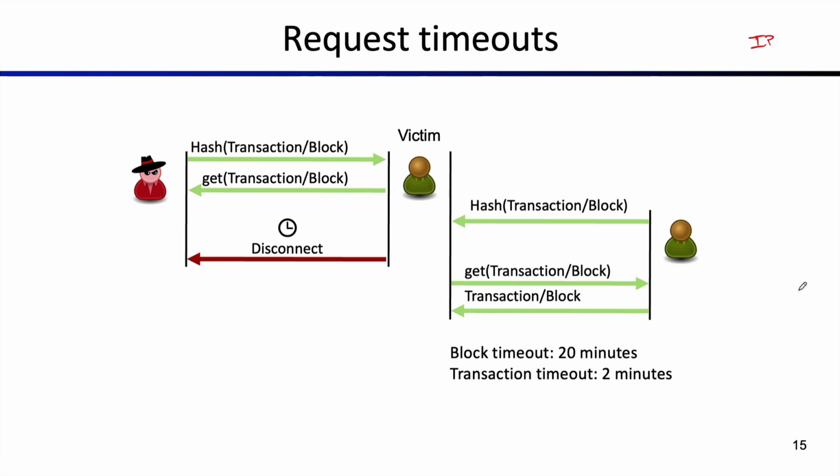In Bitcoin, we have a block timeout of about 20 minutes and a transaction timeout of about 2 minutes. As an exercise for yourself, I leave it up to you to check out other chains, how they propagate data, and what their request timeouts are. I think this is quite an intriguing exercise, and I'm almost guaranteeing you that you will find some security relevant issues there.